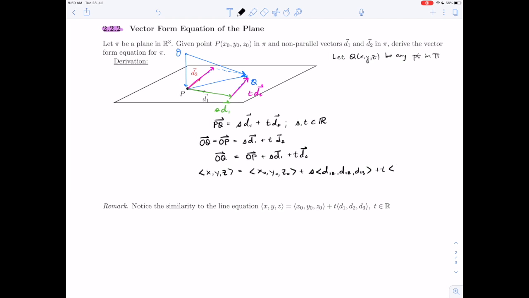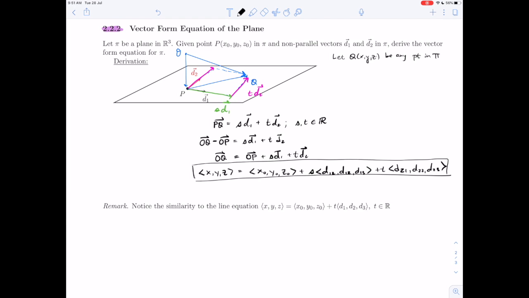So now we start getting messy with the subscripts: d2,1, d2,2, and d2,3. There you go. So this is the vector form equation of a plane, given that we know a point, (x0, y0, z0), and two vectors in the plane.